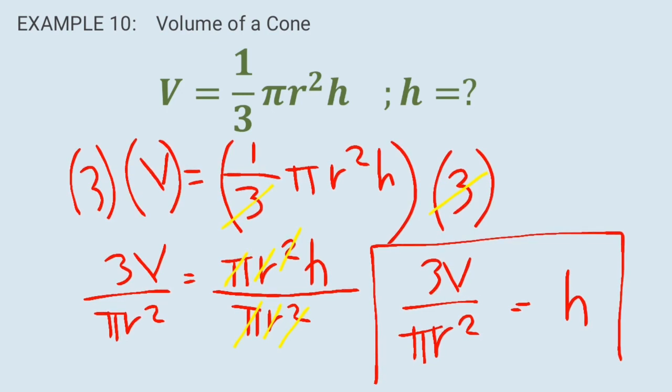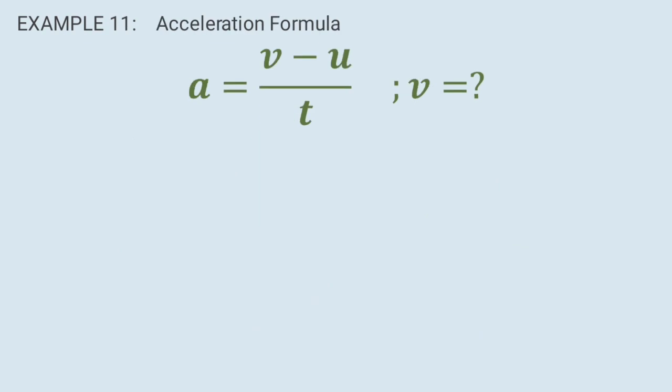Okay, let's have another example. What if we have this one? Acceleration formula. Okay, let's rewrite it first. a equals v minus u over t.